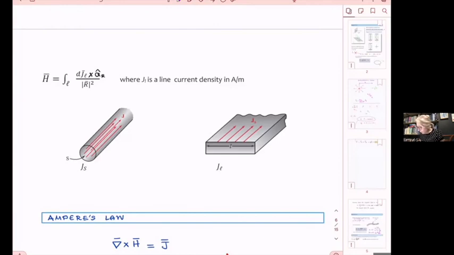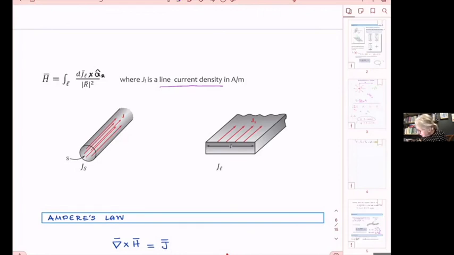So for example, this is now what people are using as a standard. When we say line current density here, this implies how many of these lines I have per unit length. How many of the red lines of current I have per unit length. That is called a line current density. And a surface current density is this one.